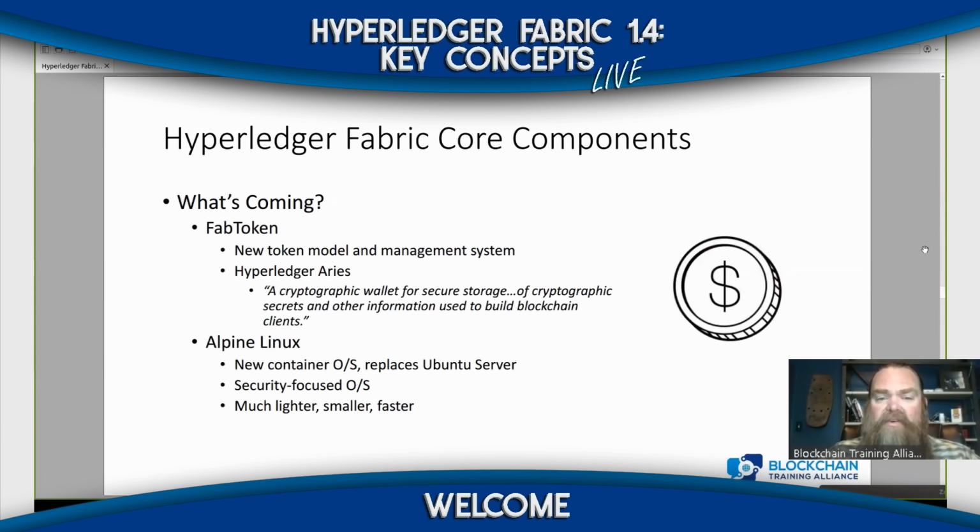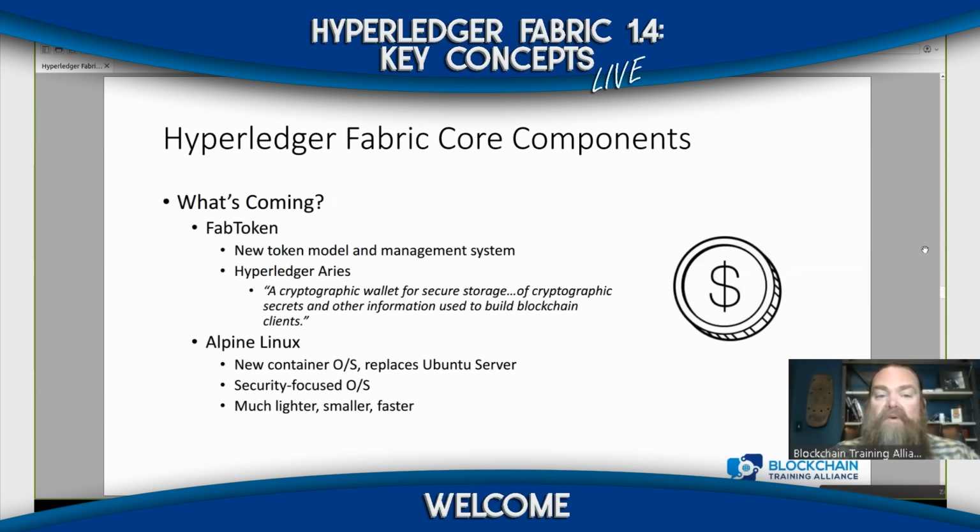And I've got a little quote here. This is actually from the Hyperledger press release on some of the things that Aries offers. And one of the features that comes with Aries is a cryptographic wallet for the secure storage and management of cryptographic secrets and other things used to build blockchain clients. So if you connect these two dots, you can see that Fabric 2.0 is going to give us a token model.